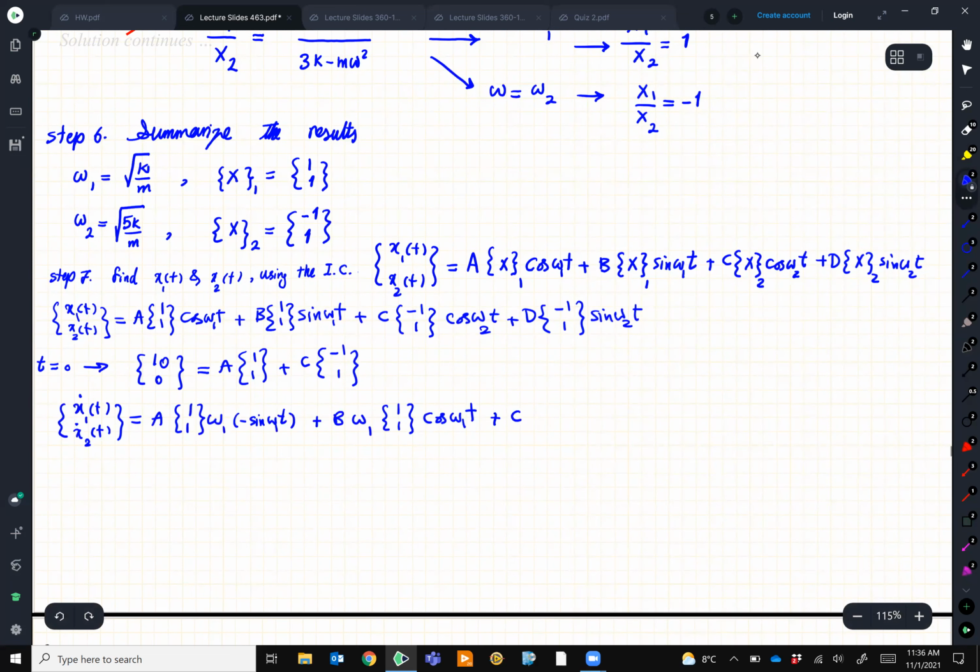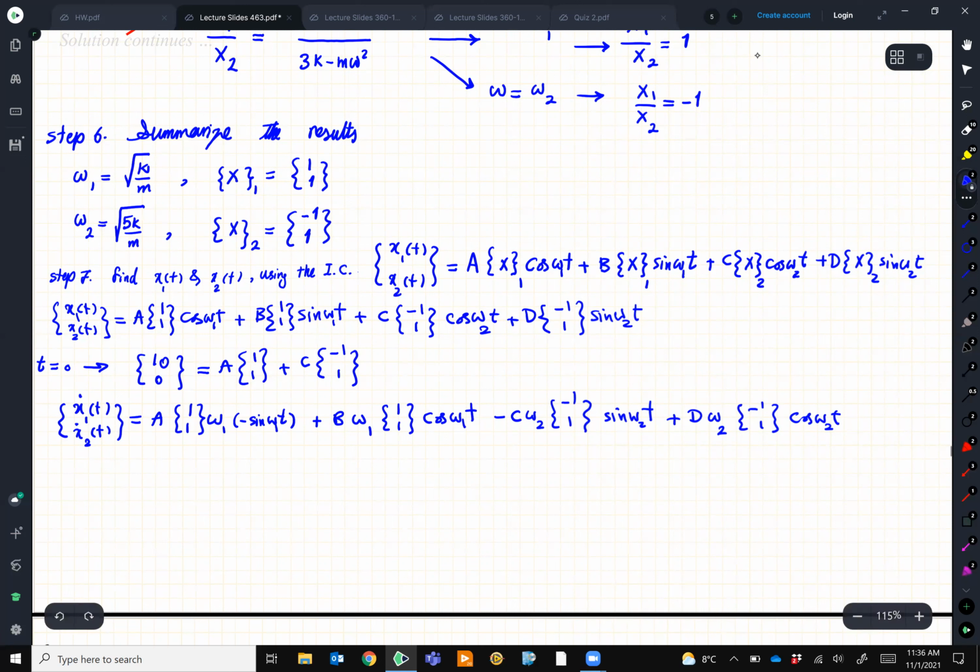This guy will be, or better, minus c omega 2 times [1, minus 1] sine omega 2t. I know it's a little bit boring, but this is what we have to do, all these steps. They're just boring, not difficult, right? So I took the derivatives. Let's just make sure cosine, sine, sine, cosine, and negative over there, and they have that, right?